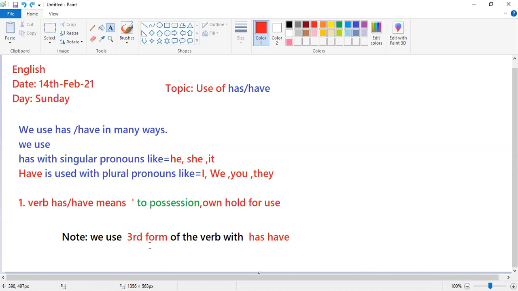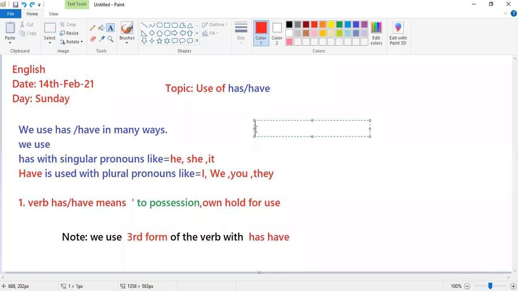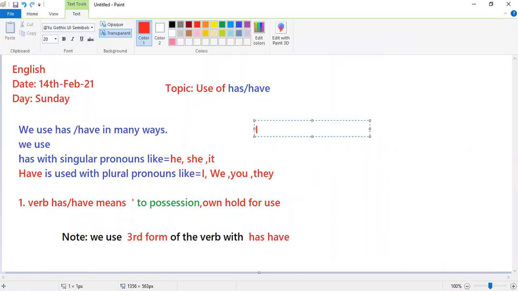For example, if you say, I have already read this story.